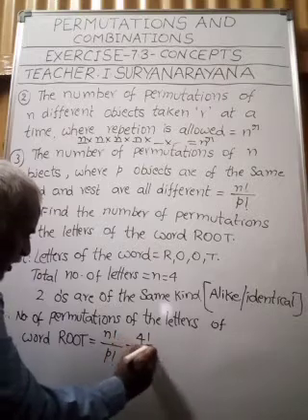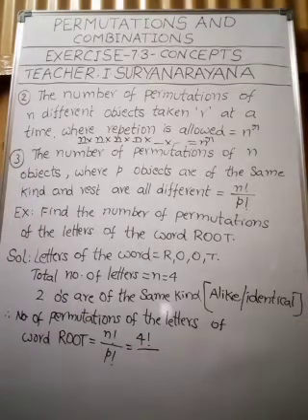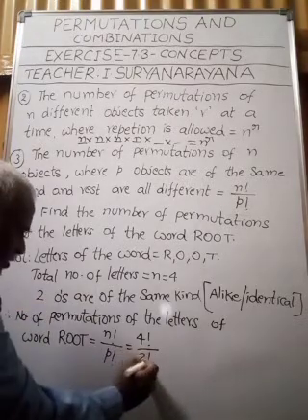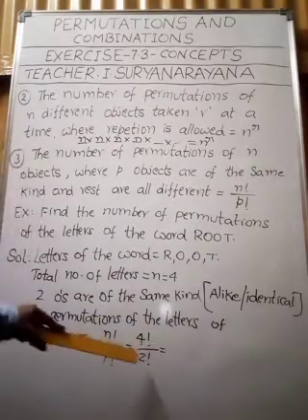So 4 factorial by, how many letters are identical? 2 objects are identical. Understood this point, my children?